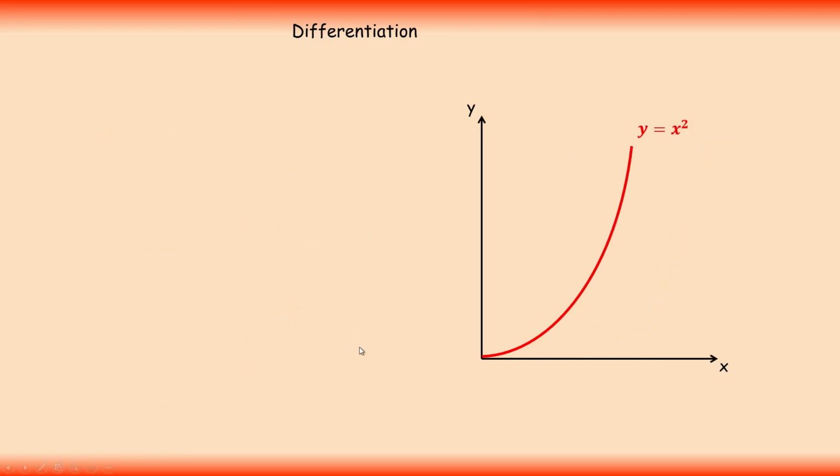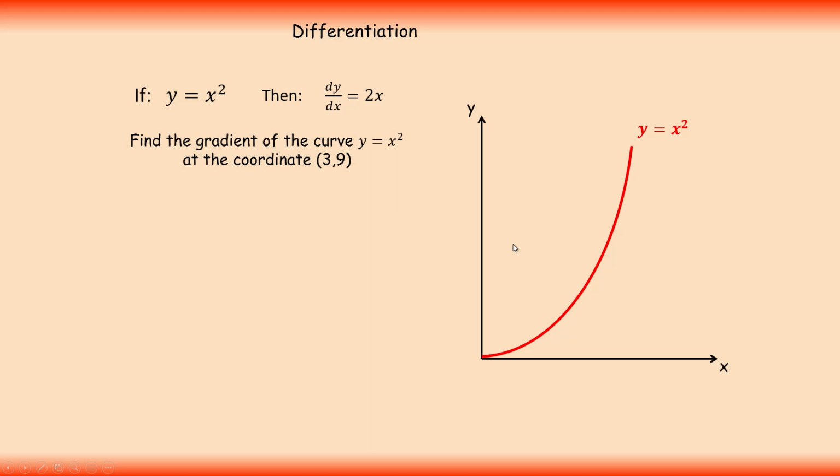Okay, so if y equals x squared, then dy over dx is equal to 2x. So example for us, find the gradient of the curve y equals x squared at the coordinate 3, 9. Well, dy over dx is equal to 2x.